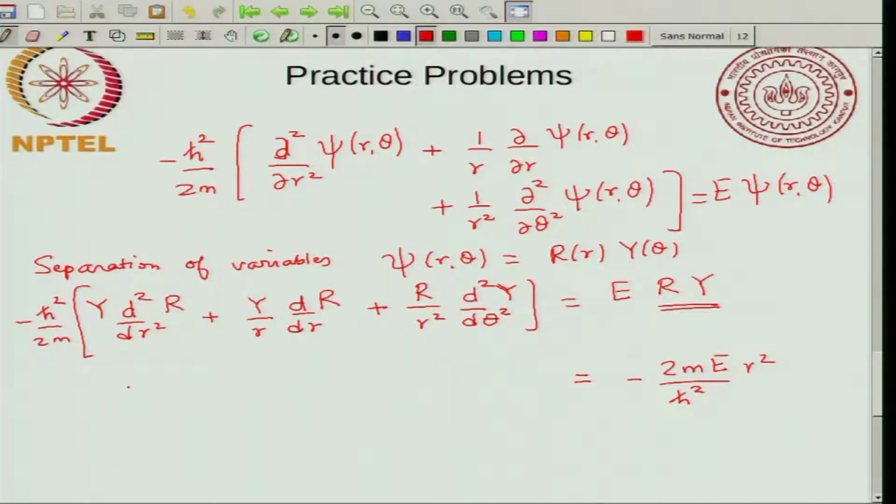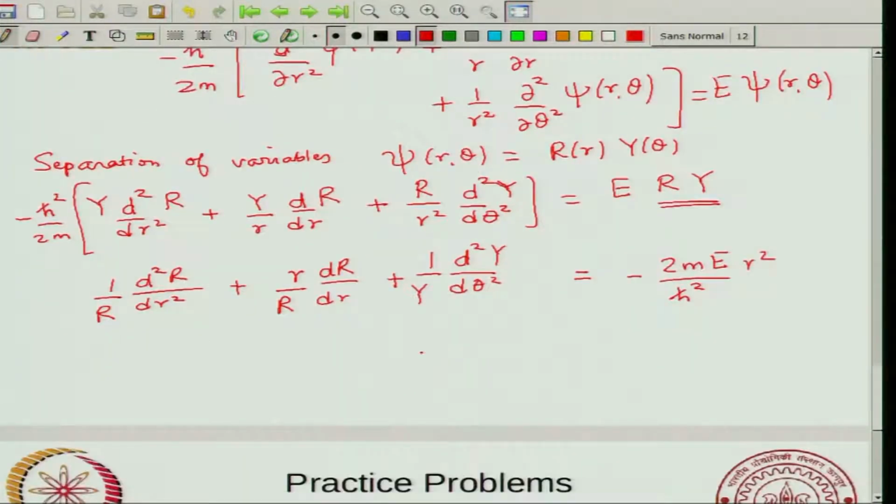And what I will get here is d square R by dr square times 1 by R, plus r times dR by dr divided by R, plus d square Y by d theta square times 1 by Y. So, you get an equation of this form.